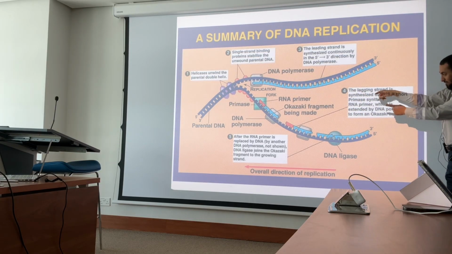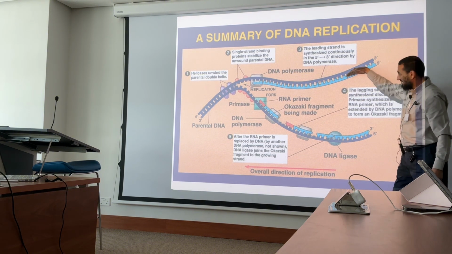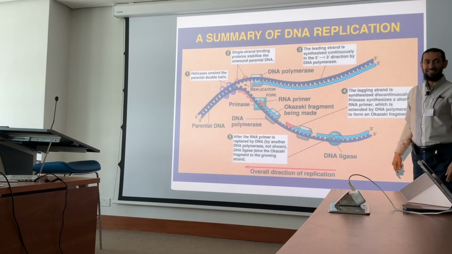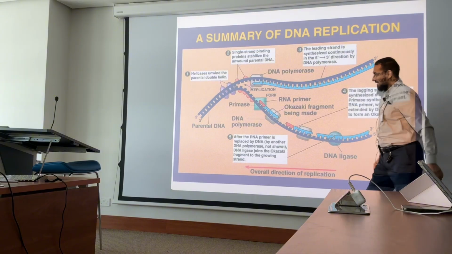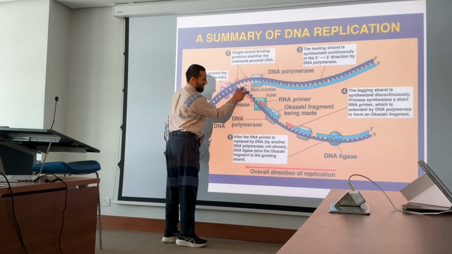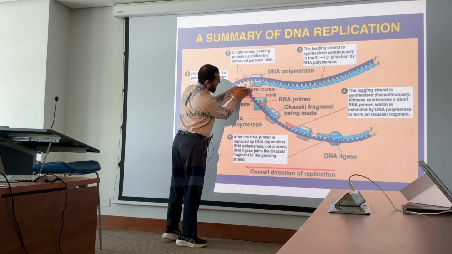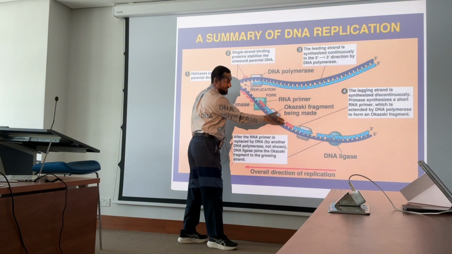But in the other strand, this is known as leading strand. This one is known as lagging strand. Because assume that we separate, we put the primer here, okay? The replication will start in this direction, okay?